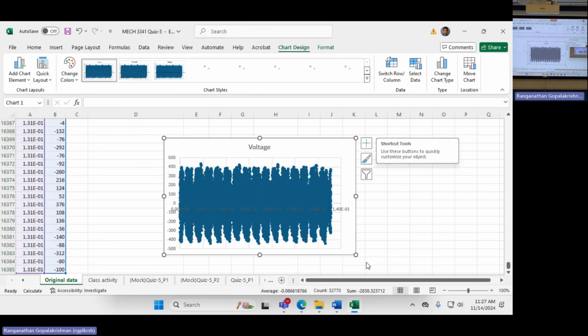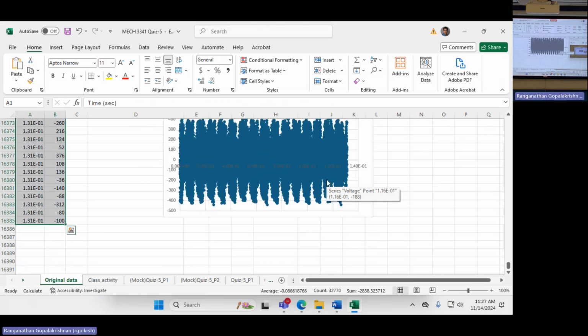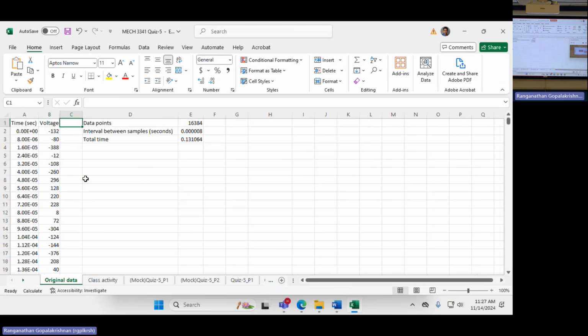It's basically some kind of a sine wave or a periodic signal that we got, and I have provided the raw data for you. This is a lot of data points, around 16,000, and we are going to take a subset of this.